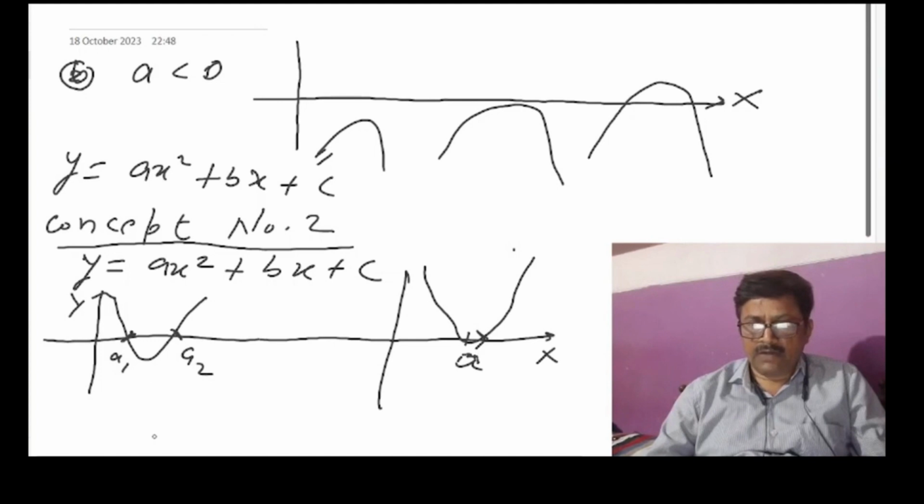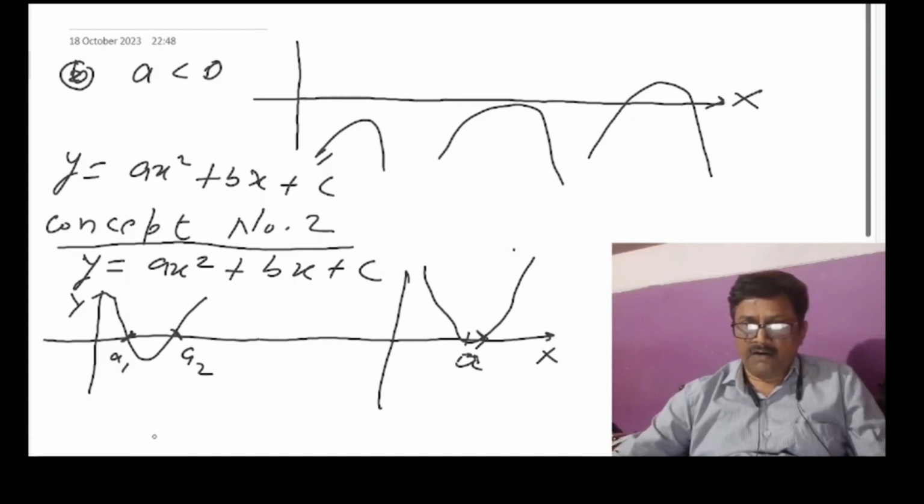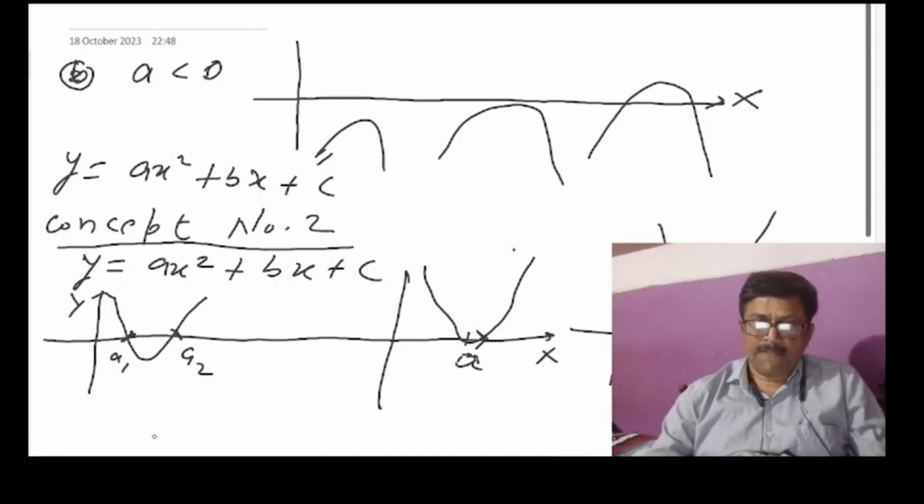Okay. So if a graph is cutting at 1 point, it means at this point the expression, or you can say the equation, will be 0. If any graph is not cutting the x-axis, what does it mean?